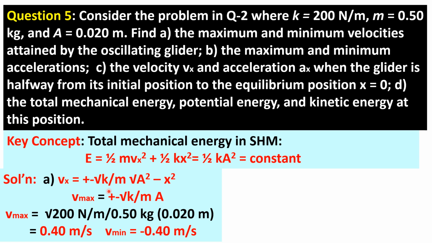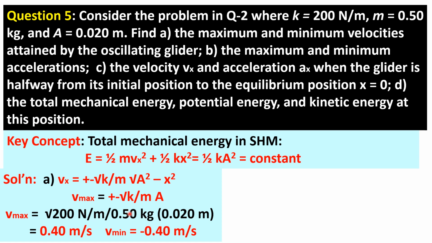So our formula has been reduced to positive negative square root of k over m multiplied by A. Okay, the A is not inside the radical sign. It is outside. All right? So we can now substitute the value of k, which is given in the problem, 200 Newton per meter, and divide that by the mass, 0.50 kilogram.